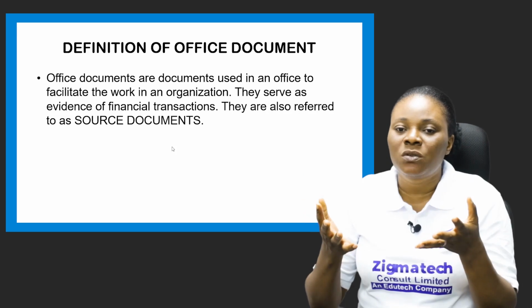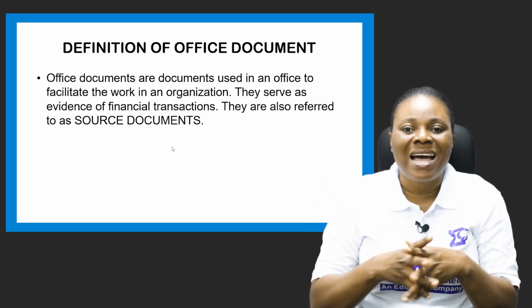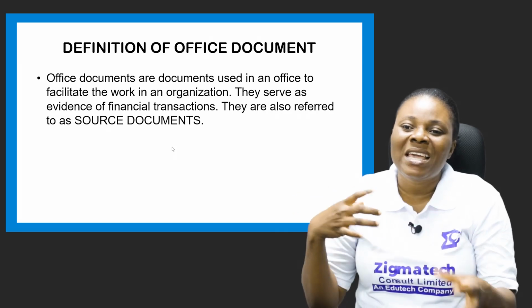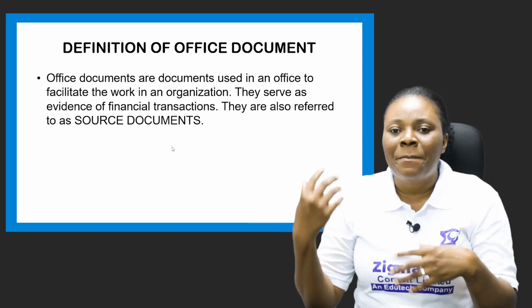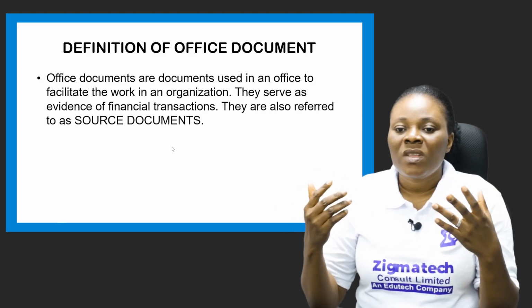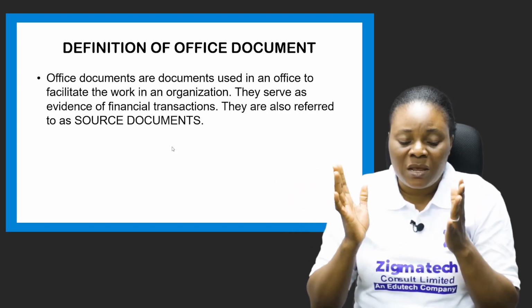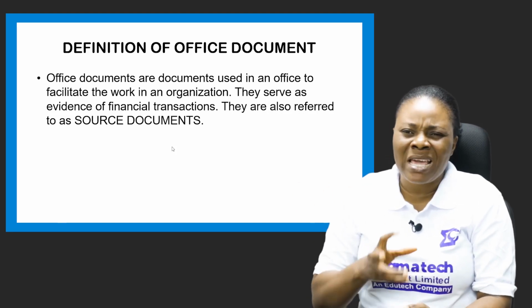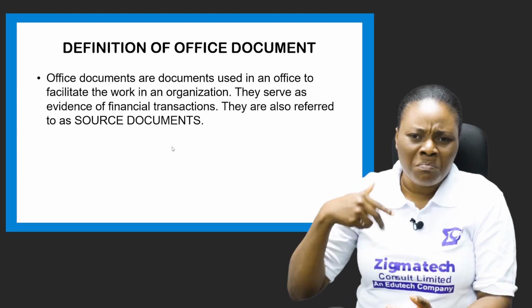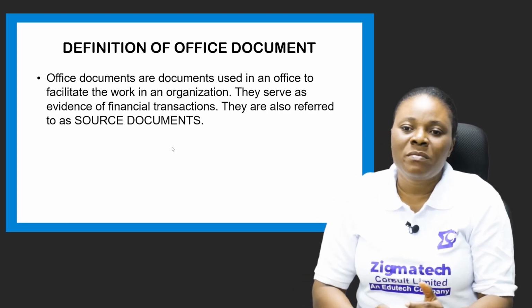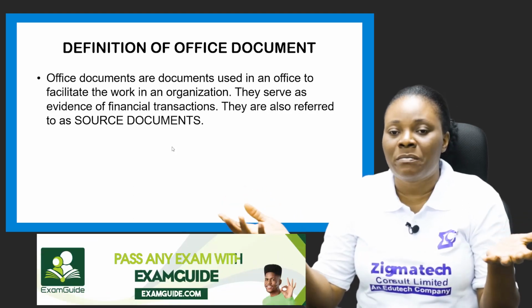So if we refer to all these documents as source documents, it means they are documents where you can get information about transactions from. For example, if I've transacted a business with you today, and some time later I want to make use of the date of that transaction, and it is not documented, I might not be able to remember.